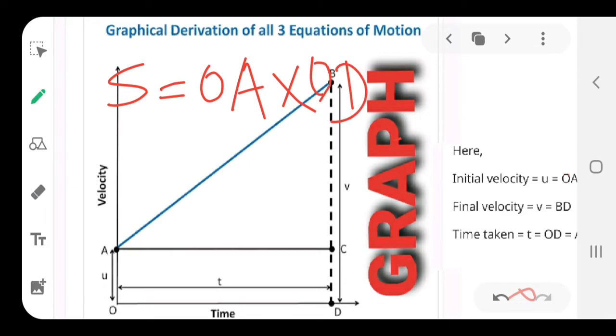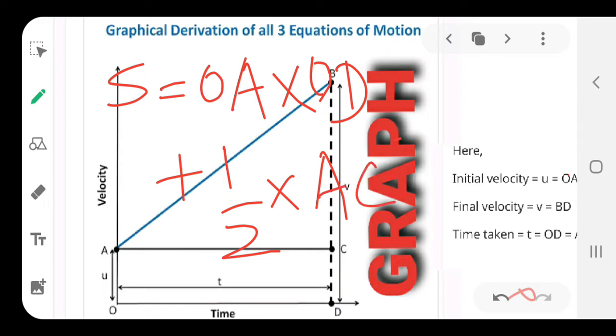And thereafter, the area of triangle is half into base. The base is AC in this diagram, and the altitude is BC. So, these two formulas are known to us.